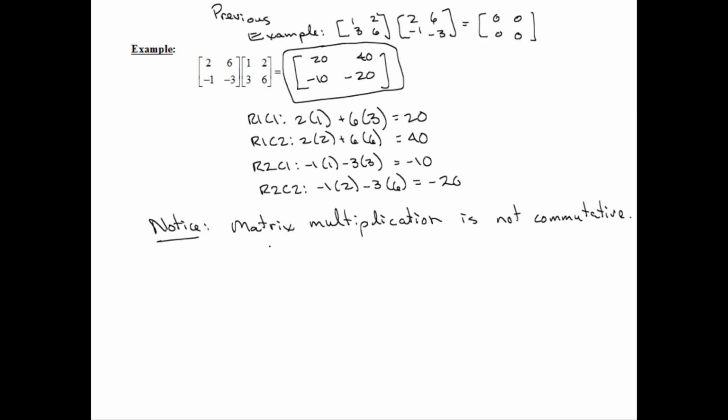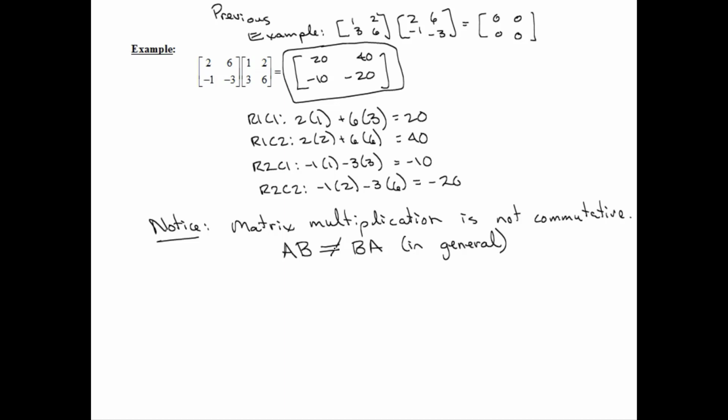Commutative, remember, when an operation is commutative, that means you could change the order. In other words, AB is not equal to BA in general. You could have a few occasional pairs of matrices A and B in which you can change the order. We call those commutative matrices. But as a general rule, when you multiply two matrices, you do not get the same thing necessarily if you switch the order.